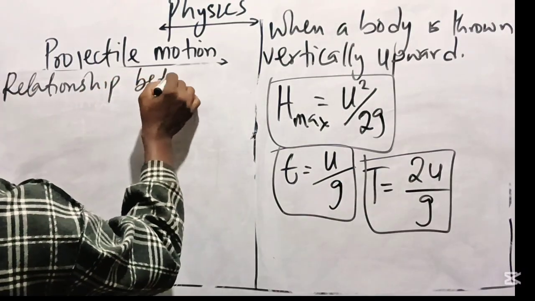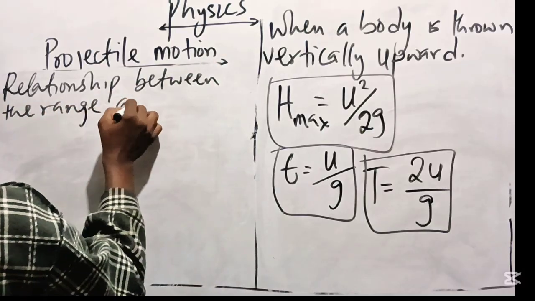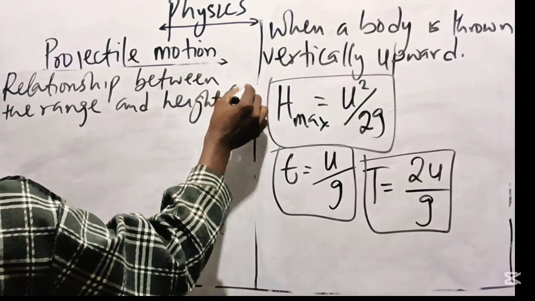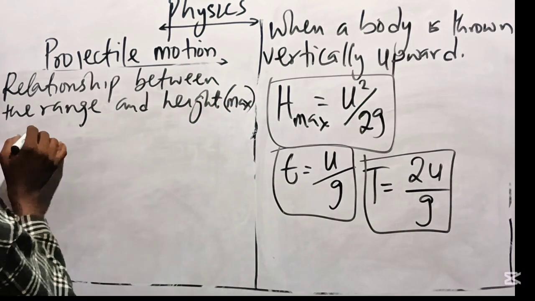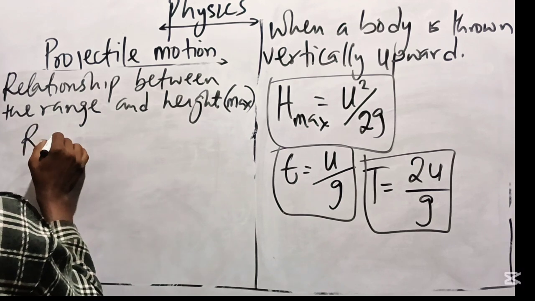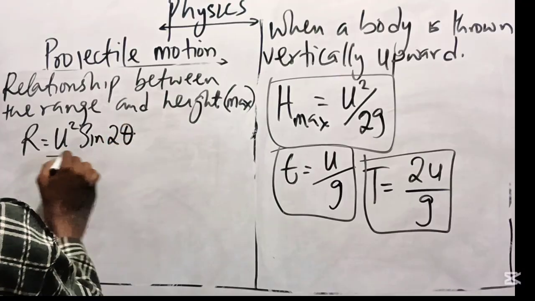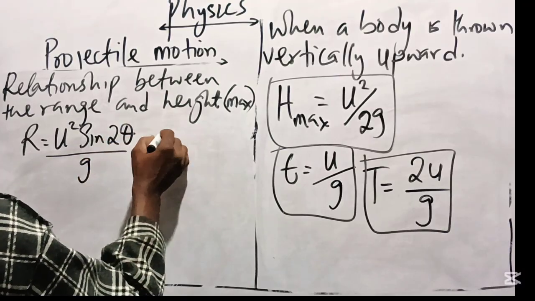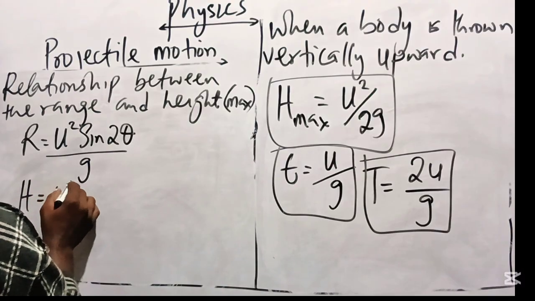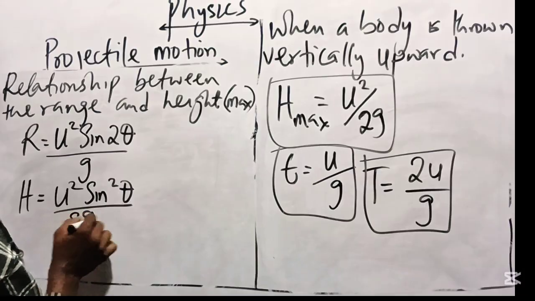Relationship between the range and the maximum height. If the range R is U squared sine 2 theta over G, then H is U squared sine squared theta over 2G.